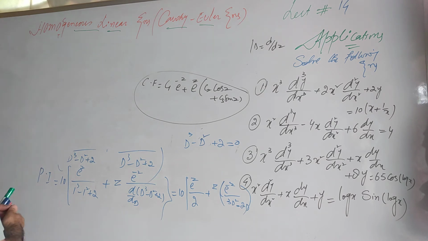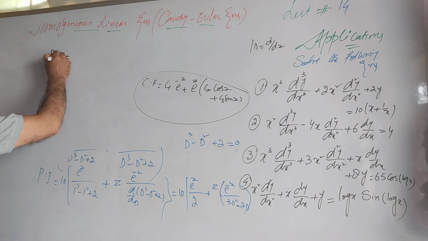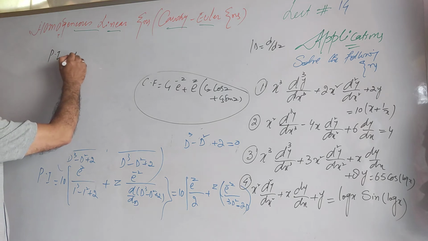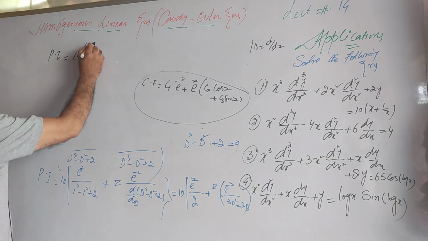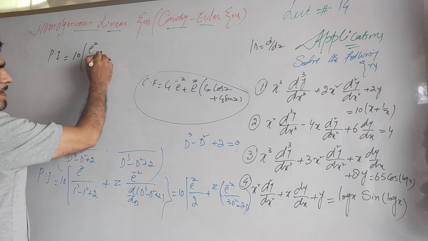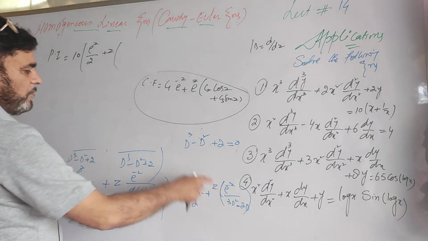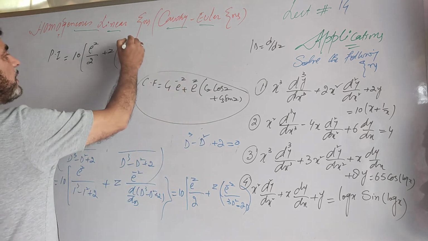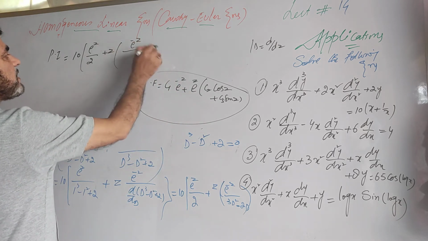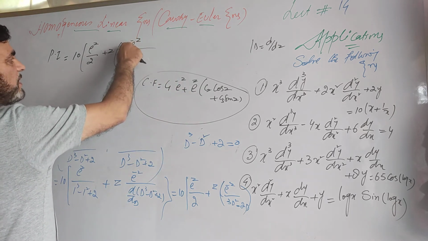Well, this particular integral is 10 times e raised to the power z by 2 plus z. Now use here the quotient, this exponential rule. It is e raised to the power minus z, in the exponent the power of z, the coefficient of z is minus 1.